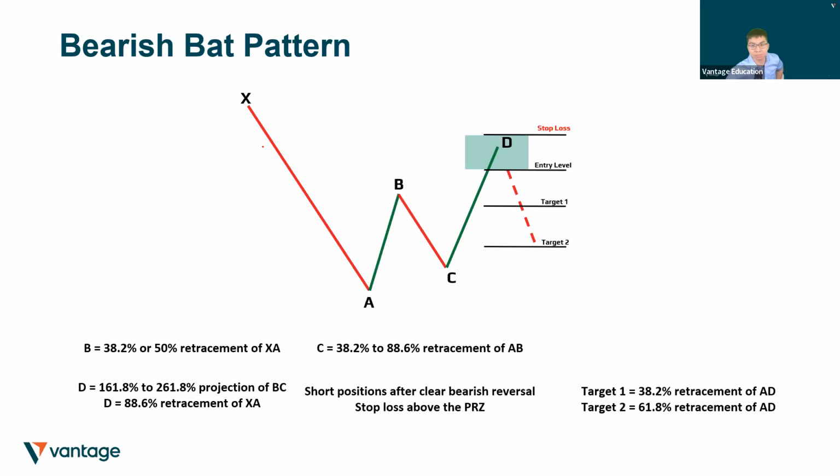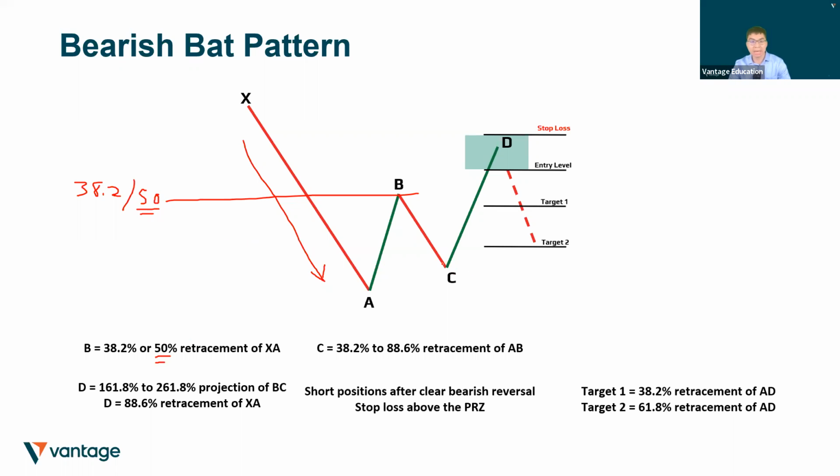After the impulse bearish leg of XA, the corrective leg should end at either 38.2% or 50%, just like I mentioned, with 50% being the ideal alignment for the bearish Bat pattern.